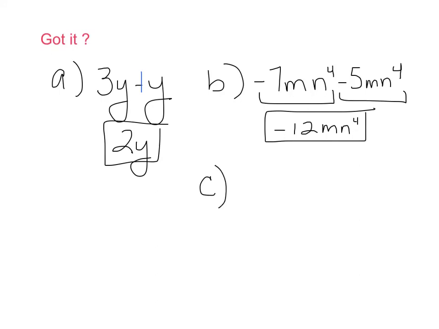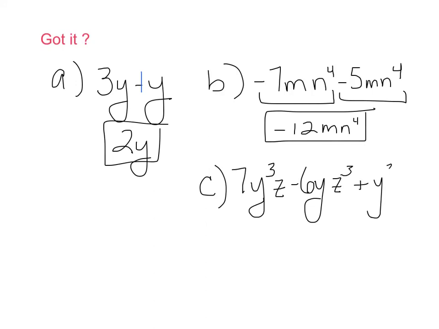C. 7y to the third z minus 6yz to the third plus y to the third z. We have 3 terms here. Do all 3 terms have the same combination of variables with powers? No. But if you look, this one right here has a y to the third z.